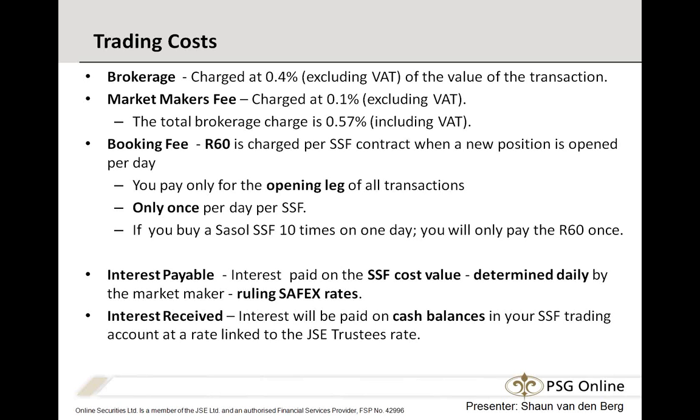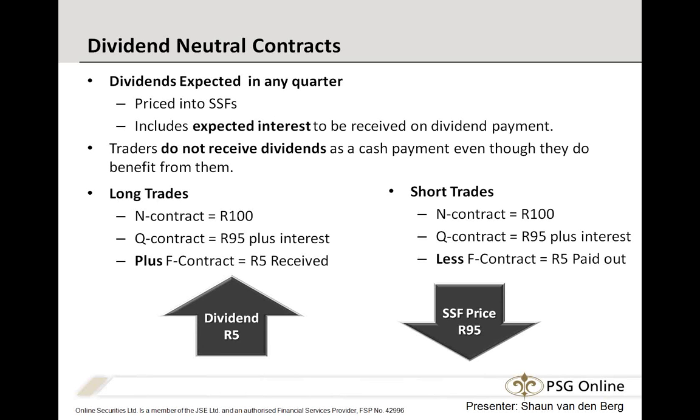So it's very competitive, and obviously they're looking for the business. You also find that interest charged on single stock futures is slightly more competitive compared to CFDs. We'll discuss it just now. You also get interest paid on any of your cash balances as well as your margin. So just to give you some background there.